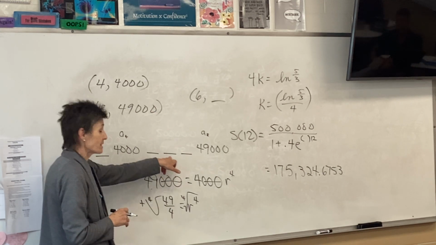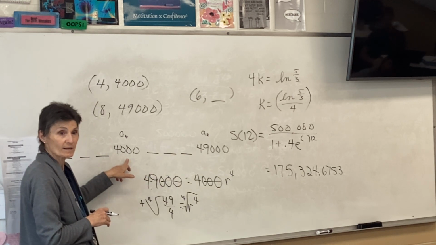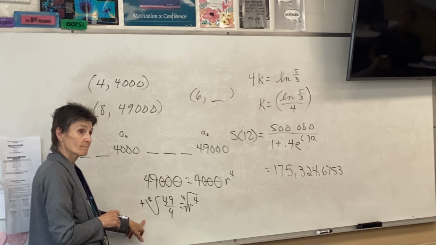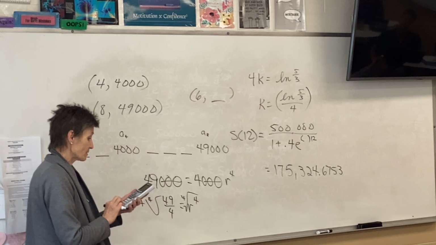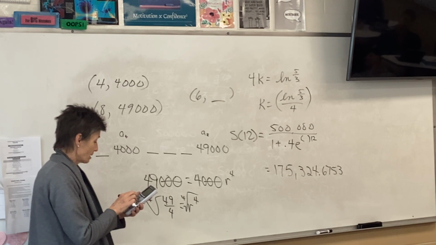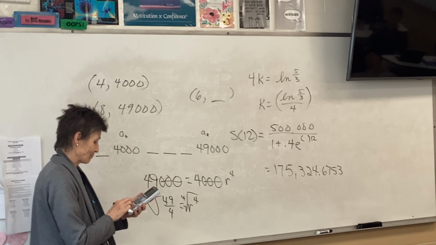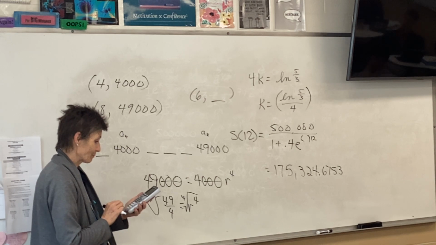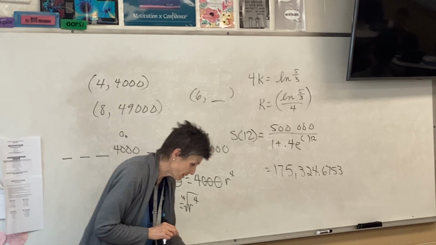But I need this guy. So how am I going to get him? I'm going to start with that 4,000, and I'm going to times by 2 of those. So 4,000 times... I got 14,000, is that right?